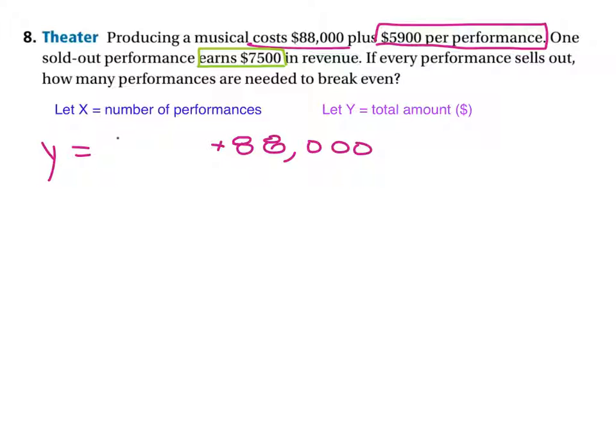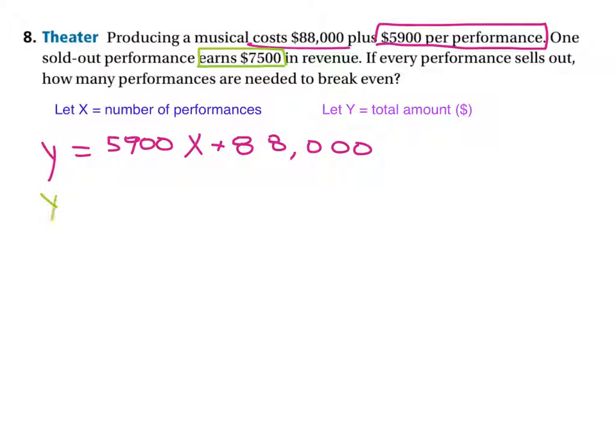And how much are we paying per performance? $5,900. And so we need to multiply that by the number of performances. And in this case, that's the variable X. So you get Y, the total money that you're going to pay out, is equal to $5,900 times X, the number of performances, plus that 88,000.